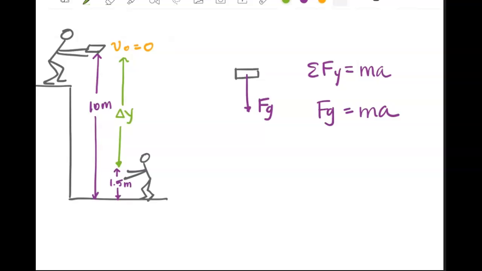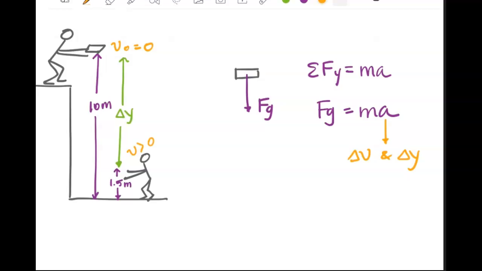And it's going to have some sort of non-zero velocity, v greater than 0, at the moment that it's caught. Okay, so we can look at defining the acceleration in terms of the change in velocity and this change in position.